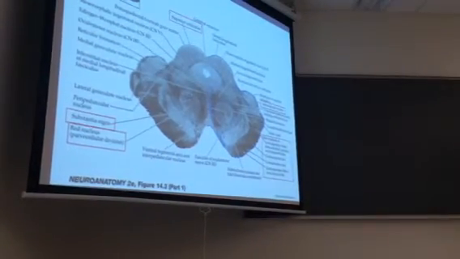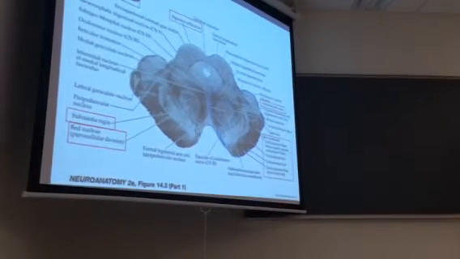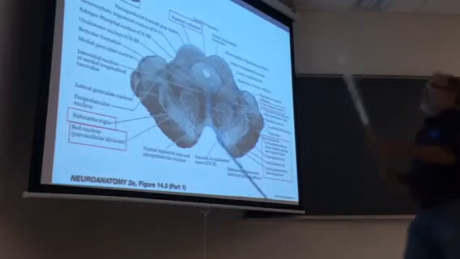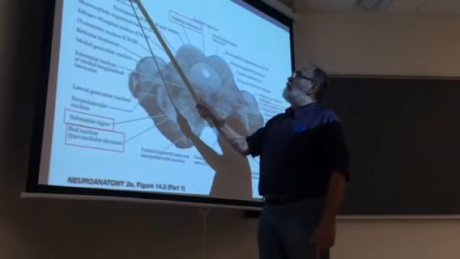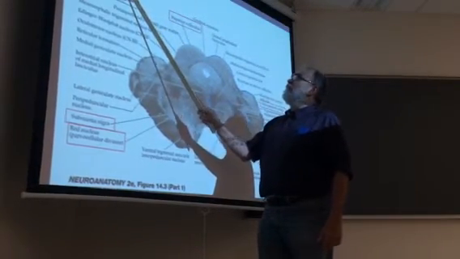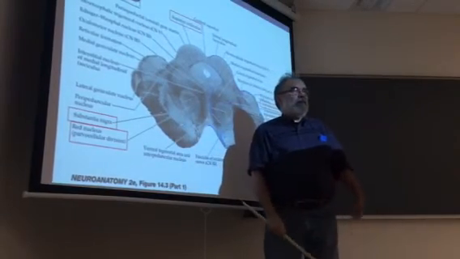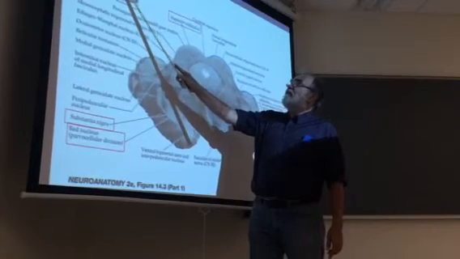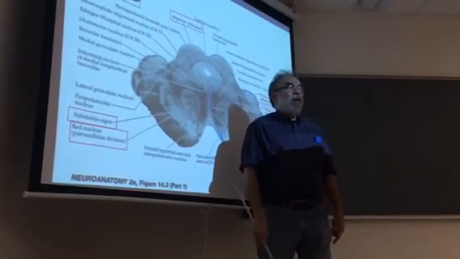Think about the orientation here. Look at this cut. When you look at that cut, what is this dark part coming through the cut? Right there. What is this dark area right here, coming through the cut?